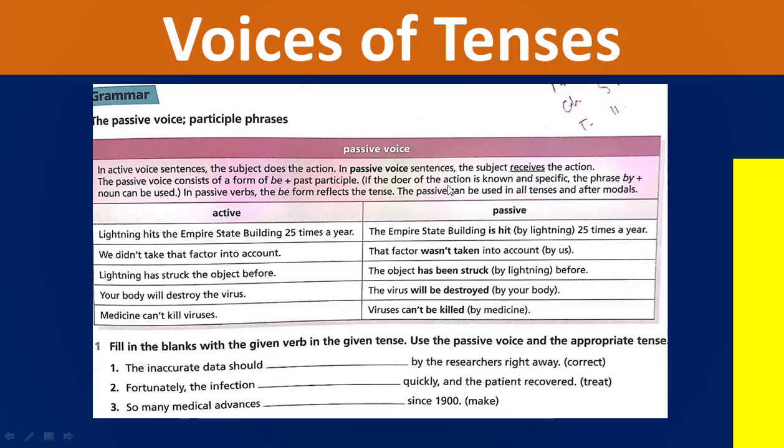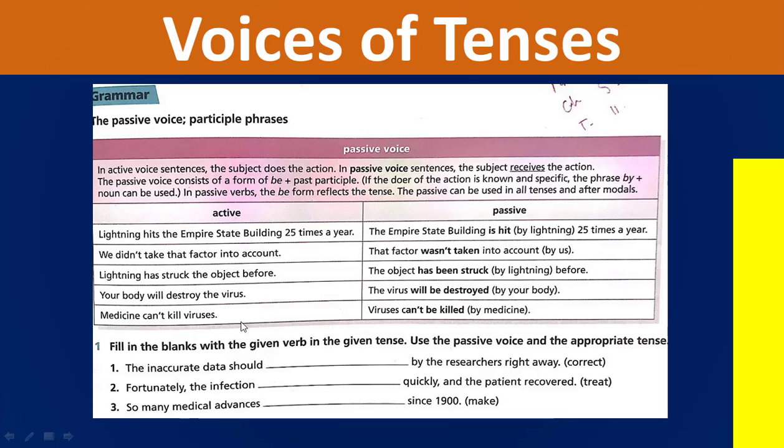If the doer of an action is known and specific, the phrase by plus a noun can be used, right? So in the passive verb, the be form reflects the tense. The passive can be used in all tenses and after modals.